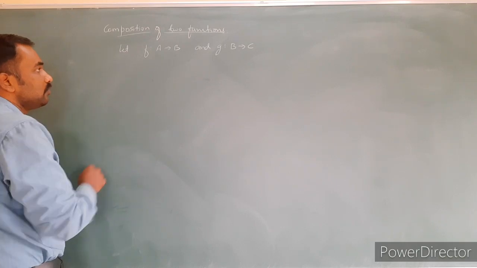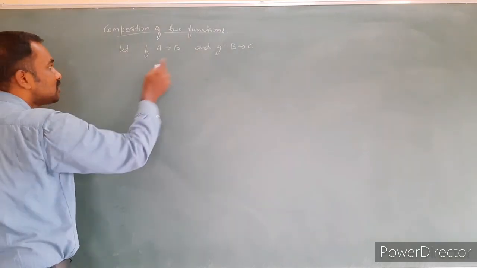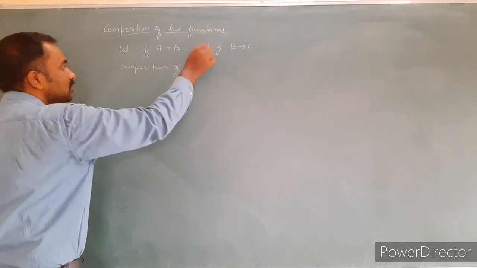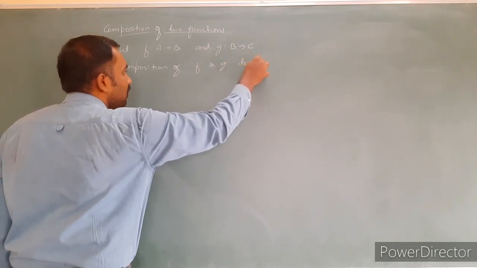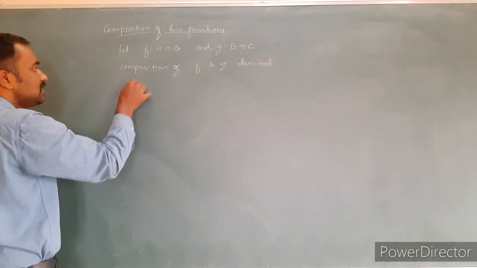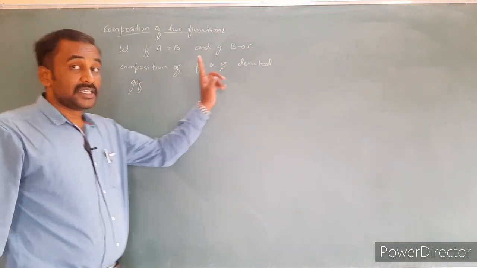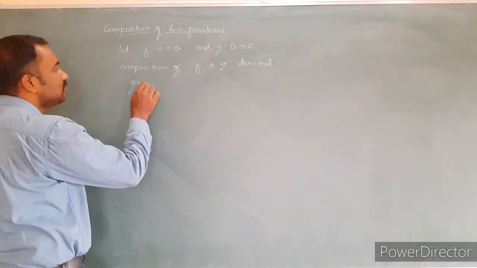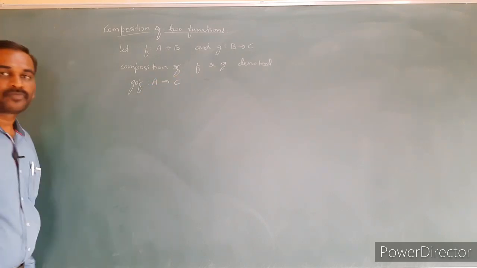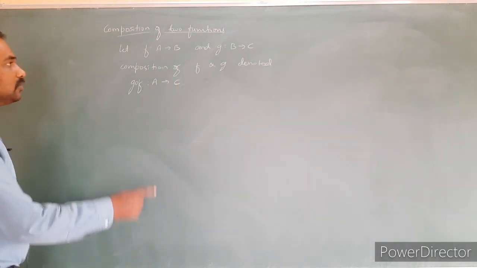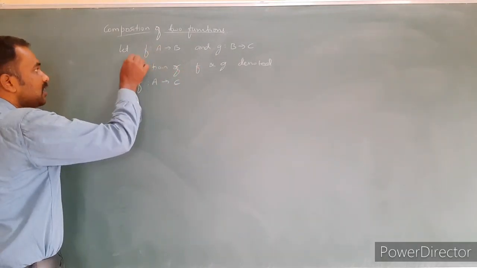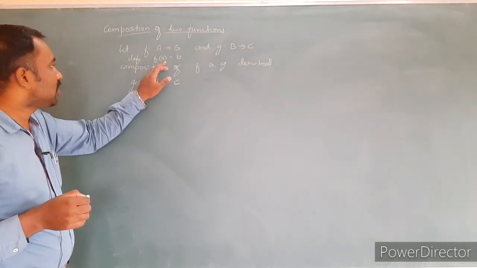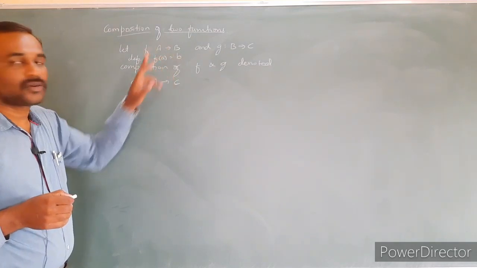In such a case, the composition of these two functions f and g is denoted by g circle f, which is a function from the domain set A into C. How to define this function? f of the element a is equal to b, the image of a under the function f is b.